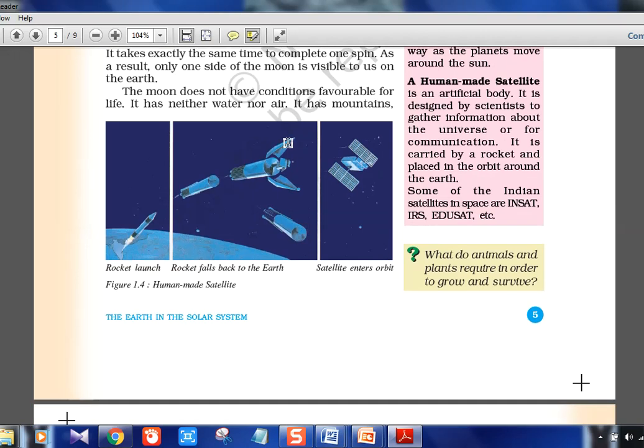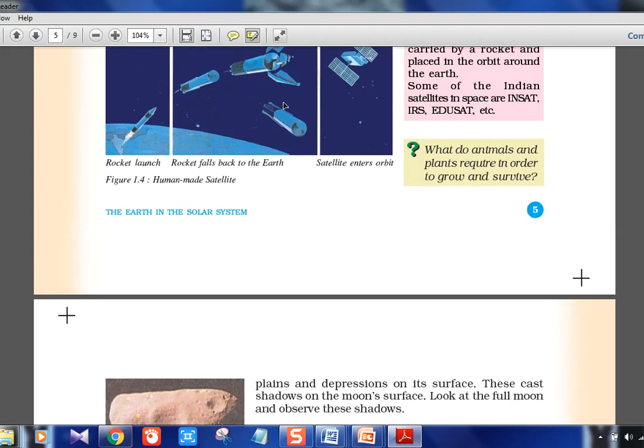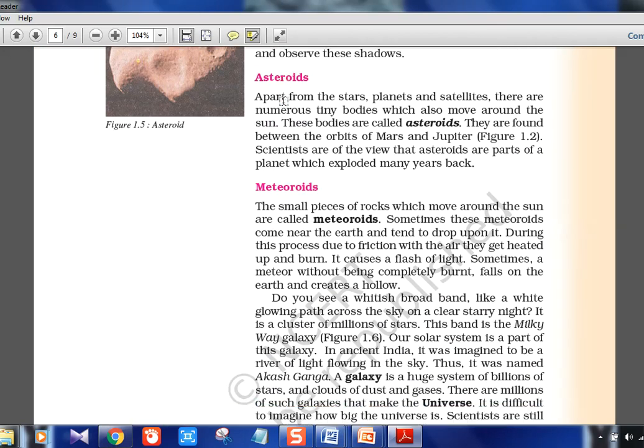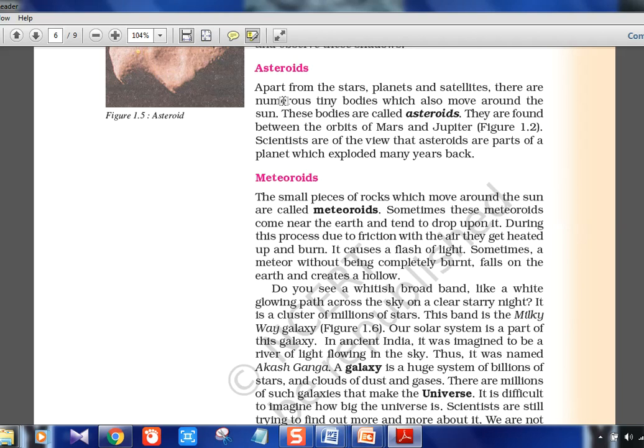The moon does not have conditions favorable for life: no water, no air, but research is always going on. Asteroids: as I told, the asteroid belt is between Mars and Jupiter. Osiris-Rex is one important current affair related to it. What is this actually? It is numerous tiny bodies which also move around the sun.